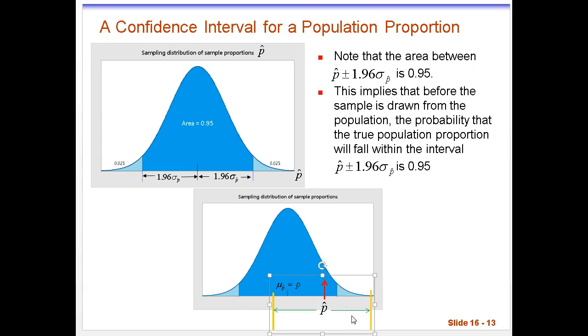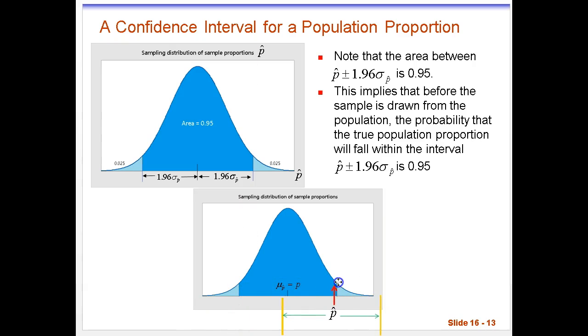Okay, now how likely is this to happen? Well, according to the normal distribution, 95% of the time I'm going to get a p-hat, and when I calculate my interval, it is going to contain my true population proportion. That's going to happen if my p-hat falls anywhere from the boundary between the light and the blue right here, right up to here.